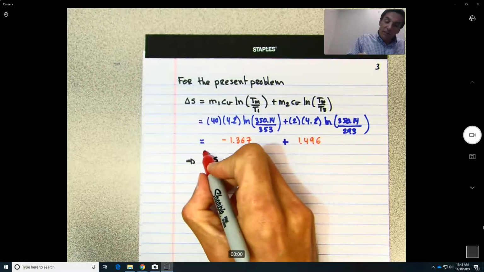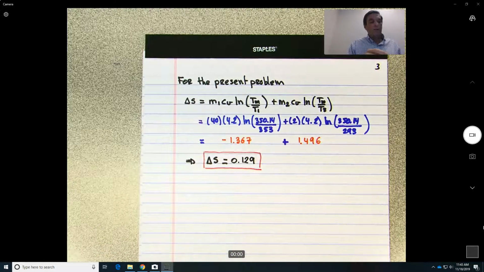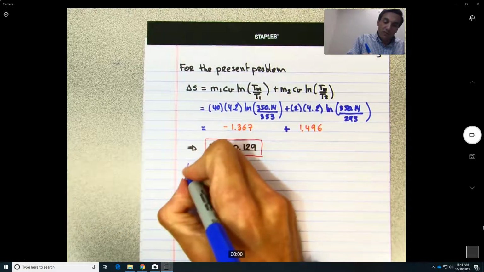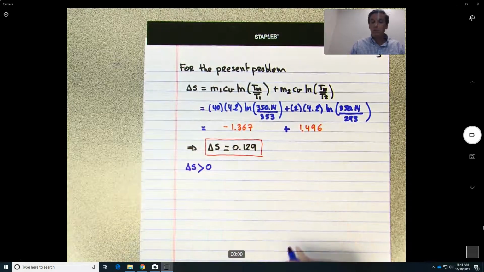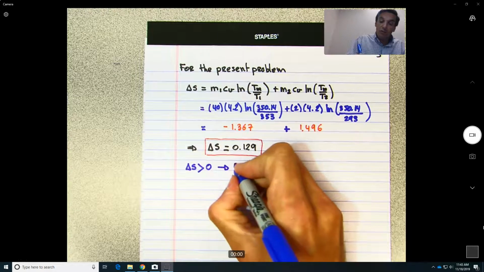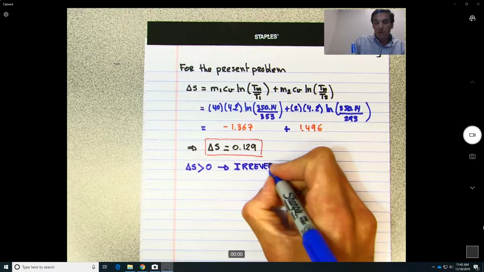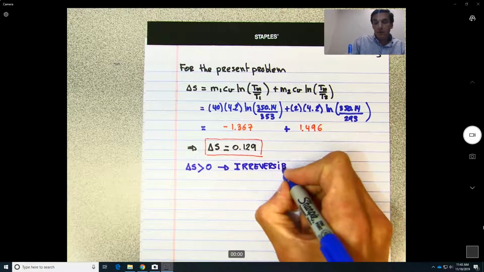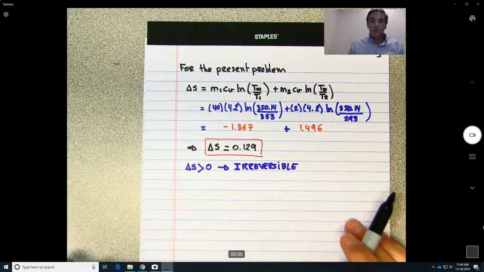So is that expected or not? Yes, because if you remember from the principle of increasing entropy of the universe, entropy always increases. If it is equal to 0, the system is reversible. But if it's higher than 0, the system is irreversible. Okay, and here what should actually be the units?